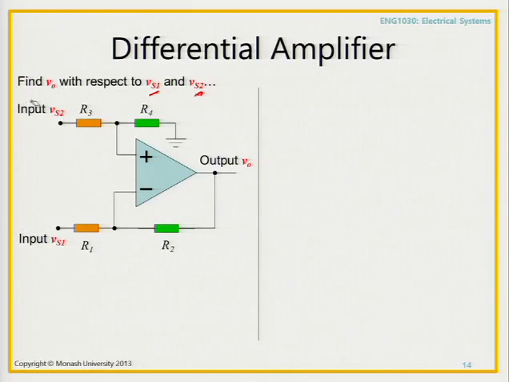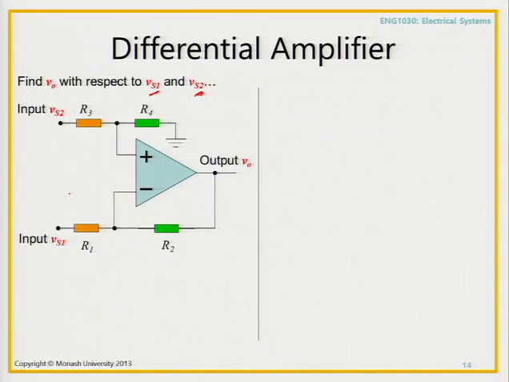So what is the output voltage here with respect to these resistors and VS1 and VS2? The way you do this, who's heard of superposition in the context of maths? Yep, so that's where you have two signals and the sum of the two signals is the resultant output signal, right?